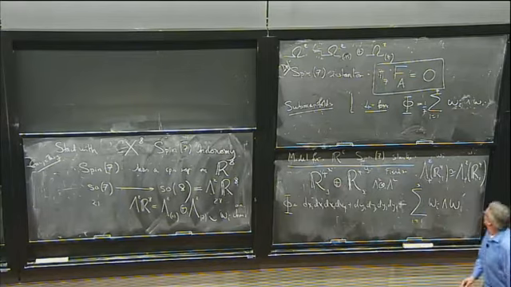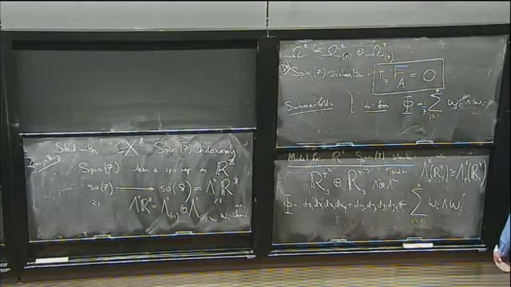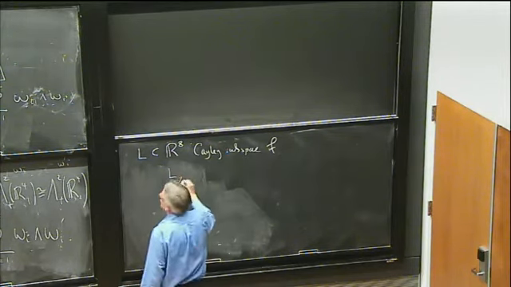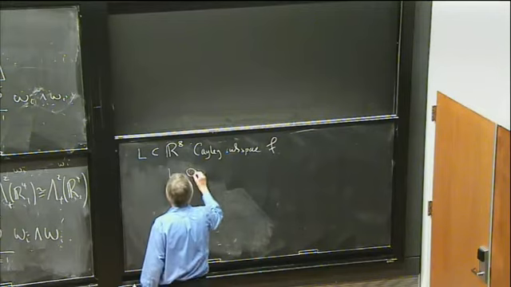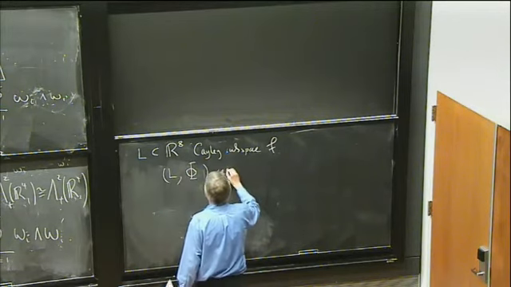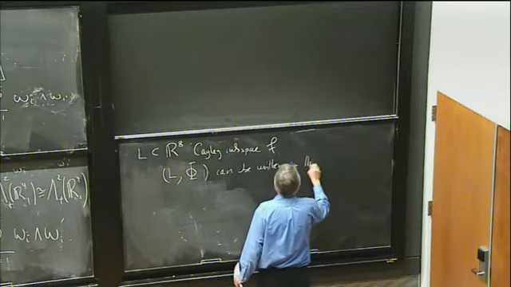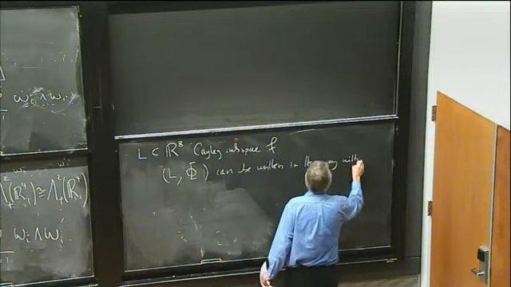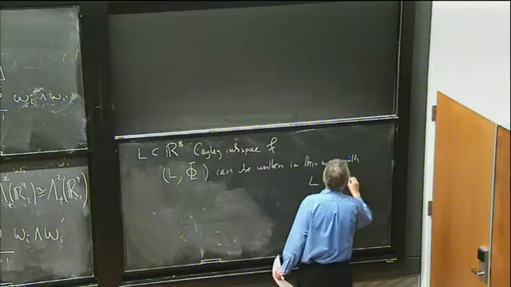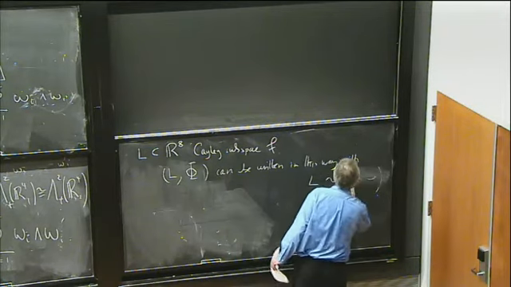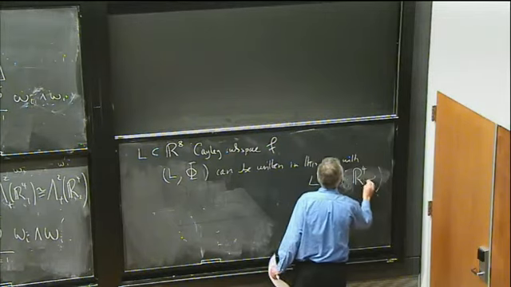So say L in R8 is a Cayley subspace if the pair L, phi can be written in this way, with L corresponding to, say, the y_i equal to 0. Let's go to R^4 by R^4, let's put it that way.